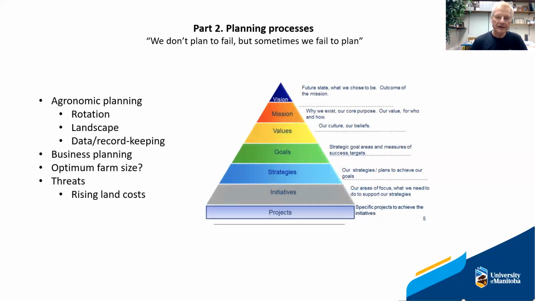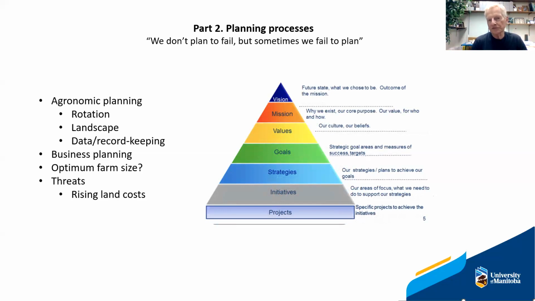Another example of this planning hierarchy has some of the same parts. Right at the top is the vision, and then the mission. And then it has an additional yellow one, and it's called values. That is the beliefs of the farm, the beliefs of the family, of the owner of the farm, of the family that runs the farm.